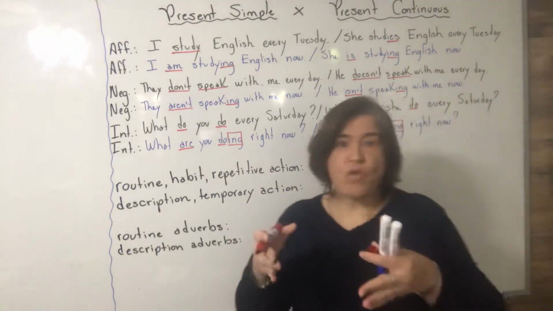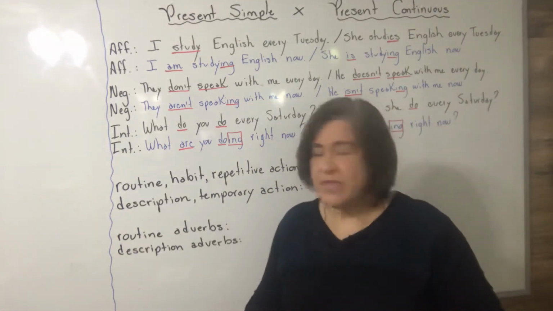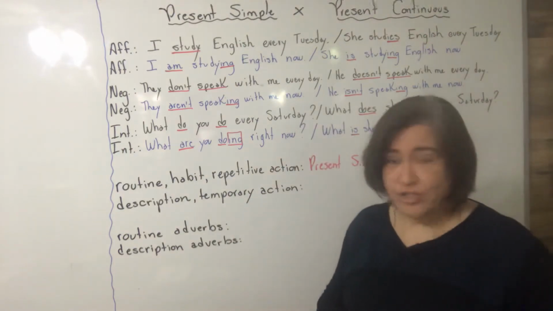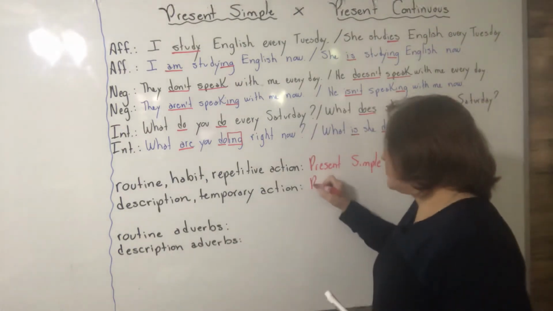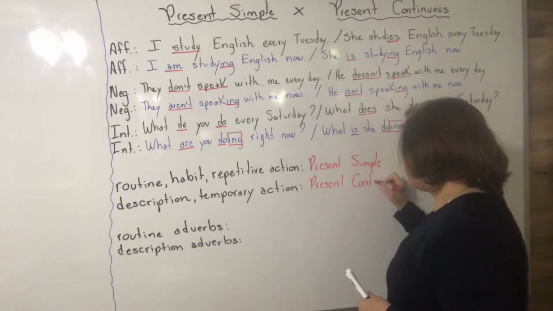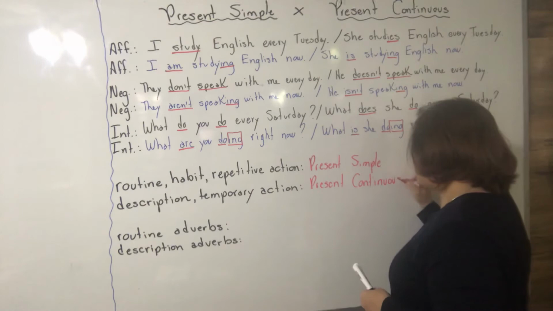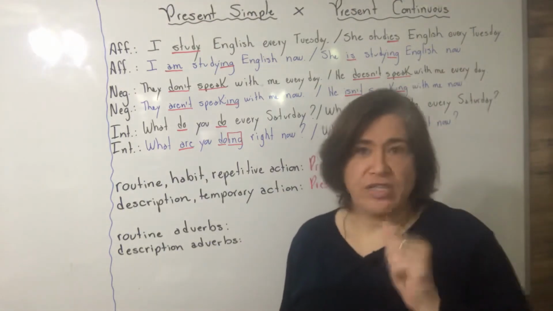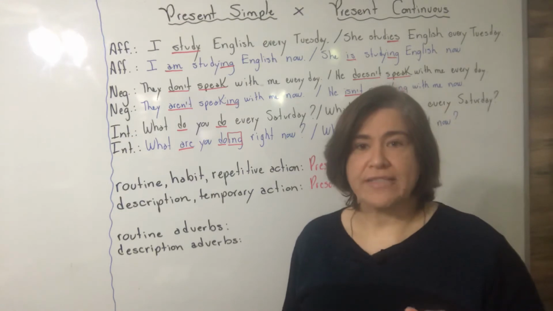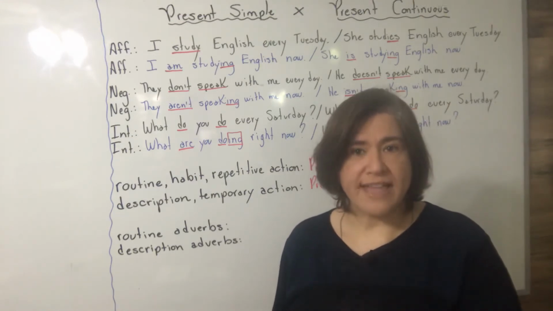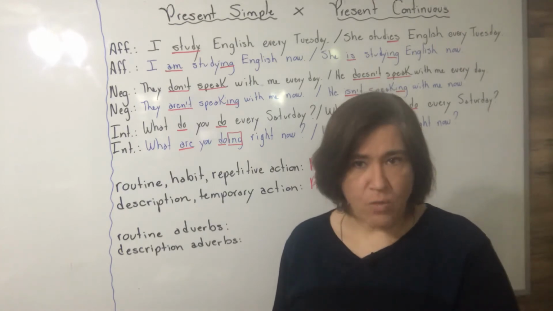And to describe the moment, to speak about a temporary action, we use the present continuous. Present continuous. So imagine you speak to an American. I am eating a sandwich now.